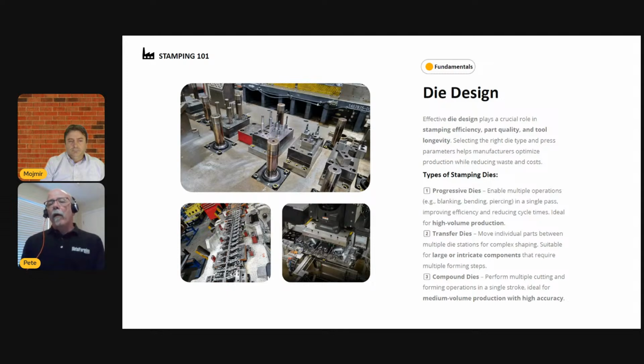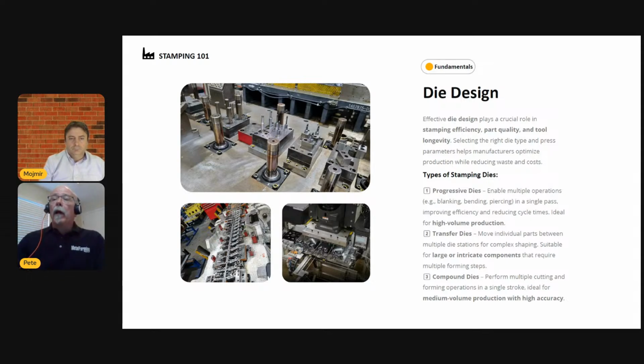Now we have to take all of that, and this all has to roll into how we design our dies. So a stamping die could be in the form of a progressive die, where we are going to feed a coil of steel through a die in incremental stations, doing a little bit of work in each of the stations until we get a completed part at the end of the die.